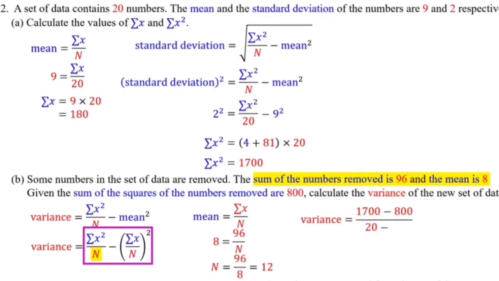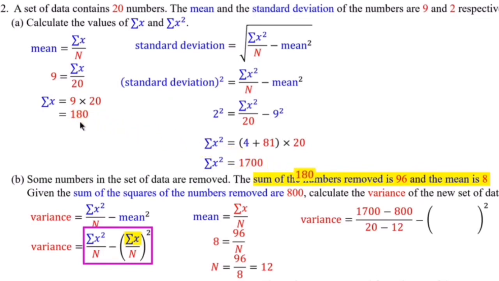Then we will minus the mean, which also changes. Because you remove a sum of 96, the sum now is 180 minus 96. In the beginning it was 180, you remove 96.